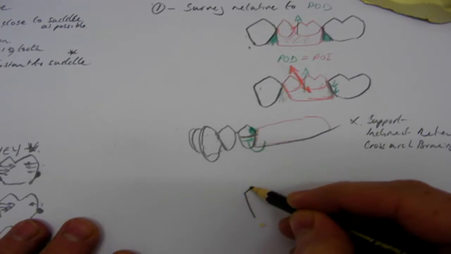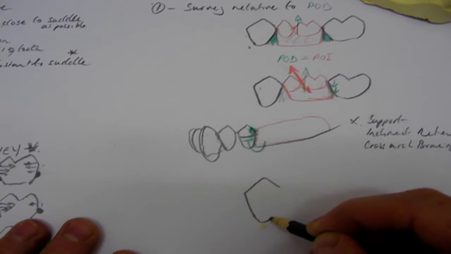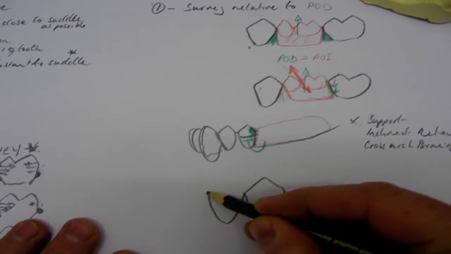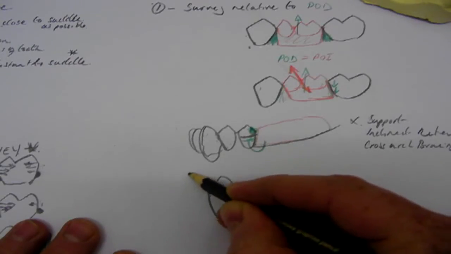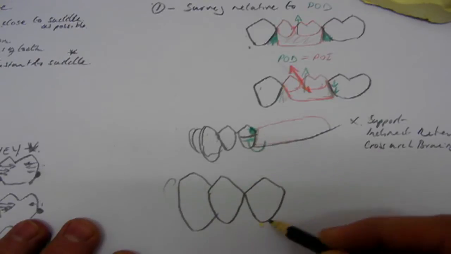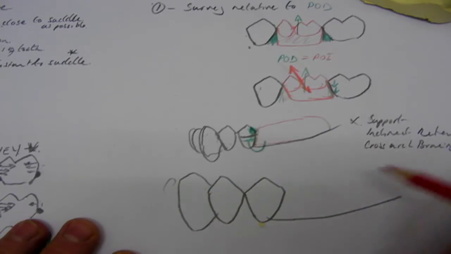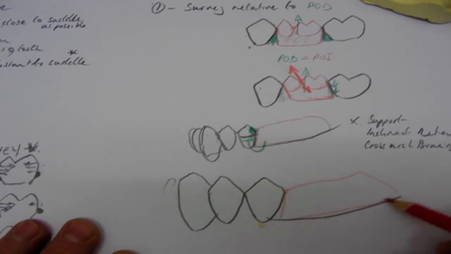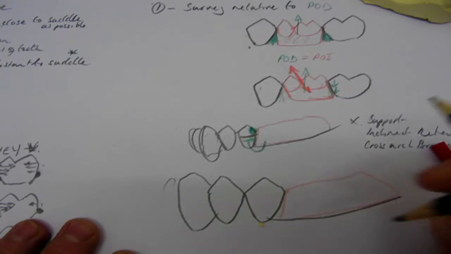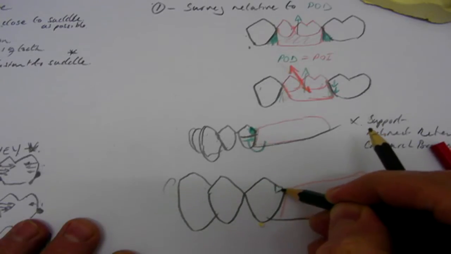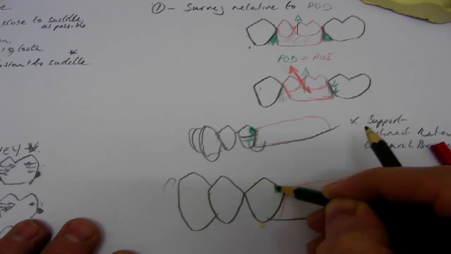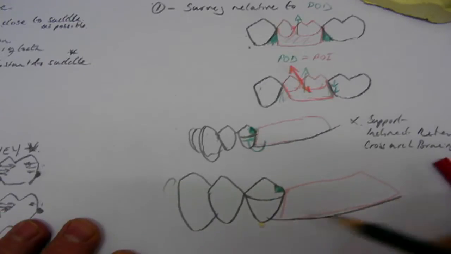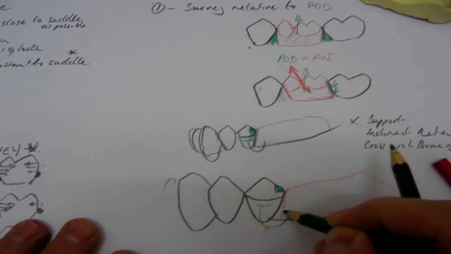If we had a free end saddle situation, and we've got a couple of premolars as above, and then the canine coming off something like this, and so on and so on, and we've got our saddle area like this, and we fill it with denture like so, and we happen to design incorrectly an occlusal rest there on the distal of the tooth, and we've got our survey line like so, and we've got our clasp in that undercut area.